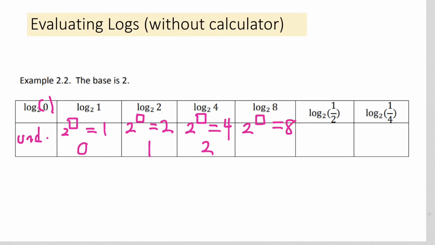Well, this time it's 3, because 2 times 2 times 2 is 8. All right, now on this one, I've got to raise my base to some power to get the 2 to go into the basement. So that's going to have a negative on the power. So 2 to the negative 1 brings the 2 down below. So my log is negative 1.